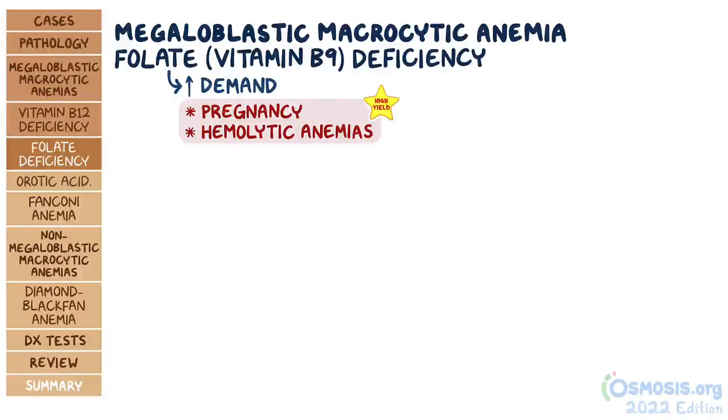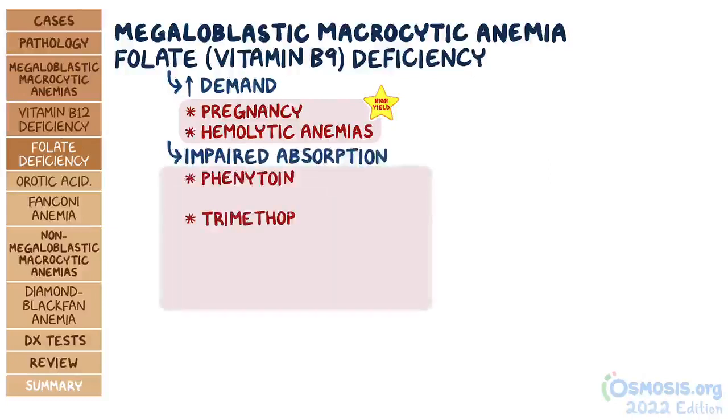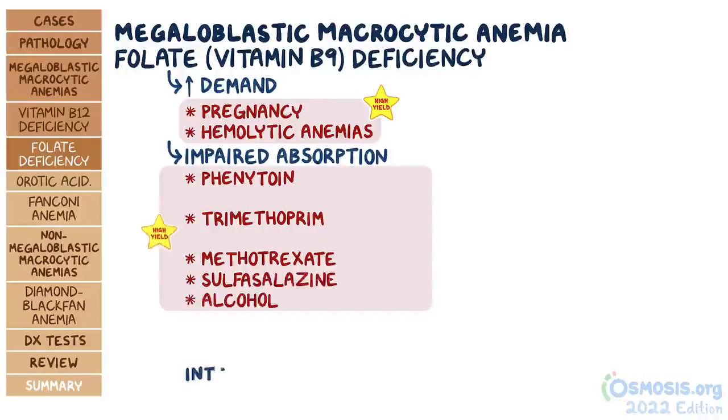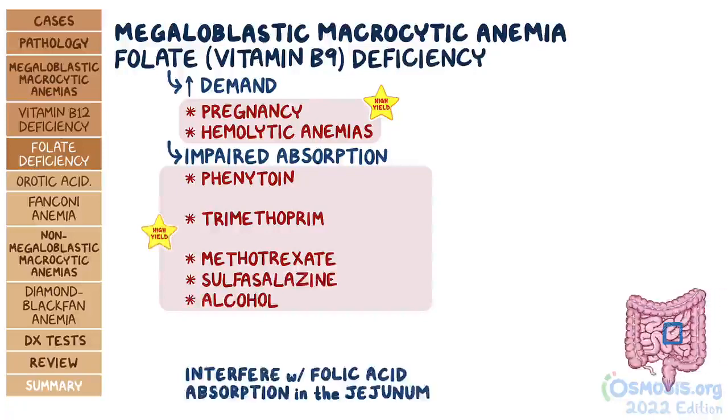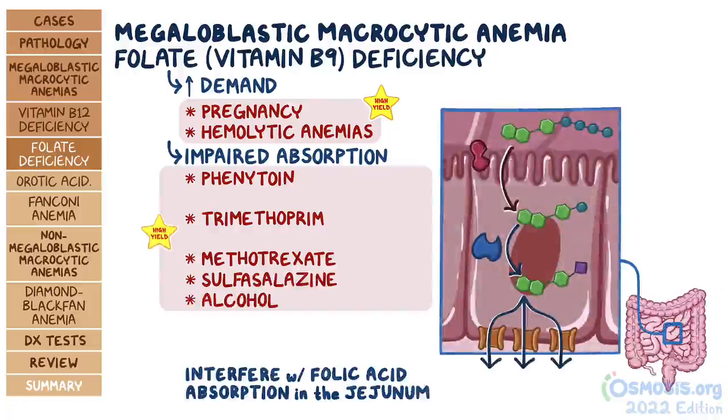For impaired absorption, medications like phenytoin, trimethoprim, methotrexate, sulfasalazine, as well as alcohol, can interfere with folic acid absorption in the jejunum. More specifically, phenytoin inhibits the intestinal conjugase, which normally converts the polyglutamate form of folate into monoglutamate.